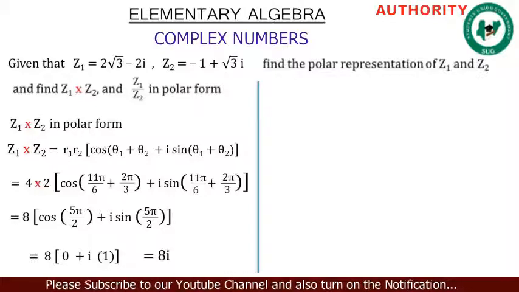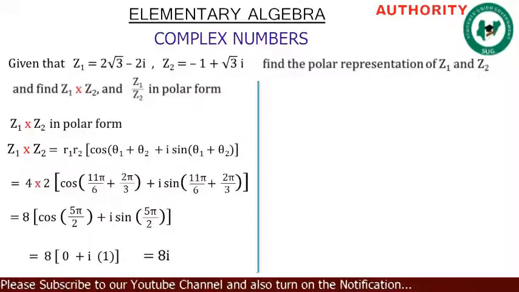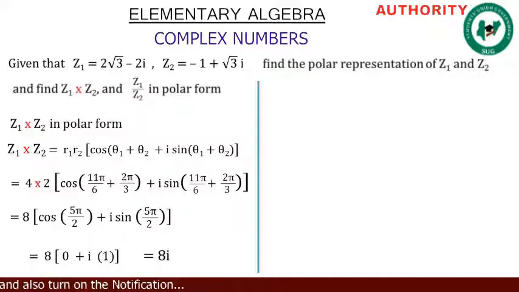So here we're going to have 8 open bracket 0 plus i open bracket 1. 8 times 0 is 0, and in the brackets we have i times 1, which gives us i. So 8 times i is 8i, and 8i plus 0 is equal to 8i. Therefore z1 times z2 in polar form is equal to 8i.